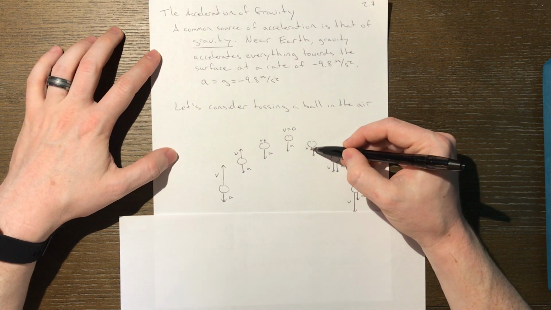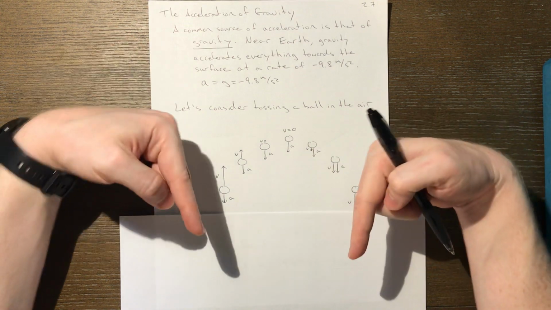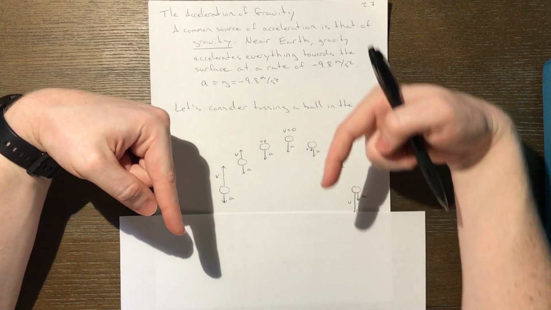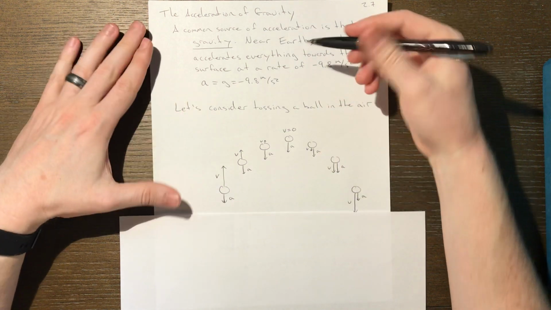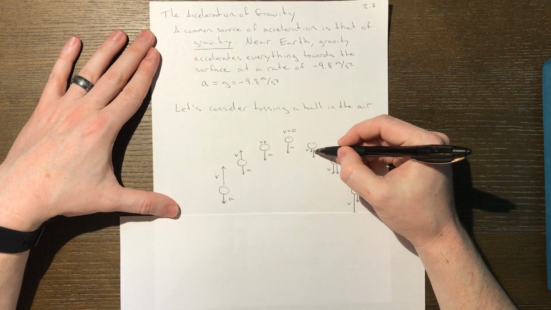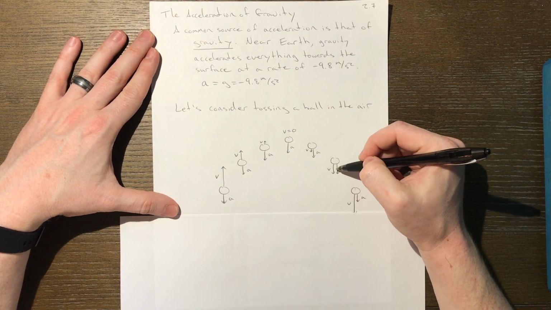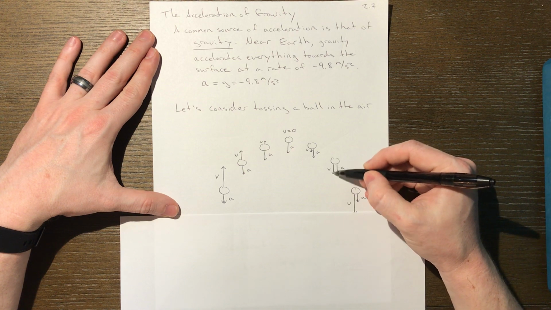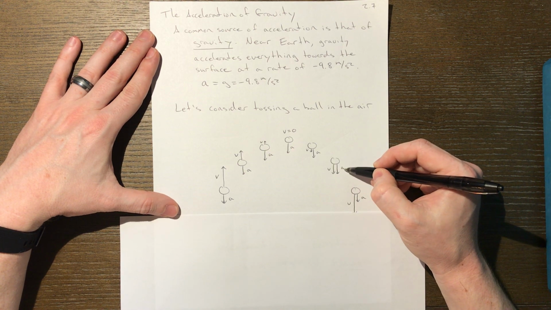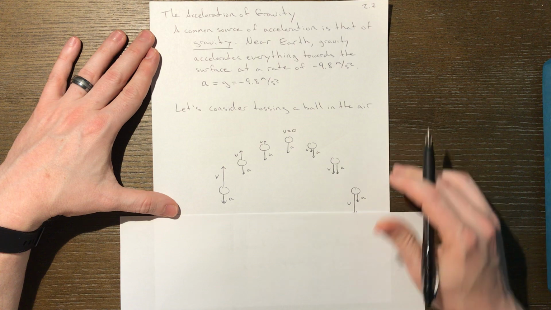And at this point, those arrows point in the same direction. Velocity is downward and acceleration is downward. So it's going to begin speeding up. So in the next step, that velocity is a little bit bigger. Acceleration is still downwards. They're still in the same direction.